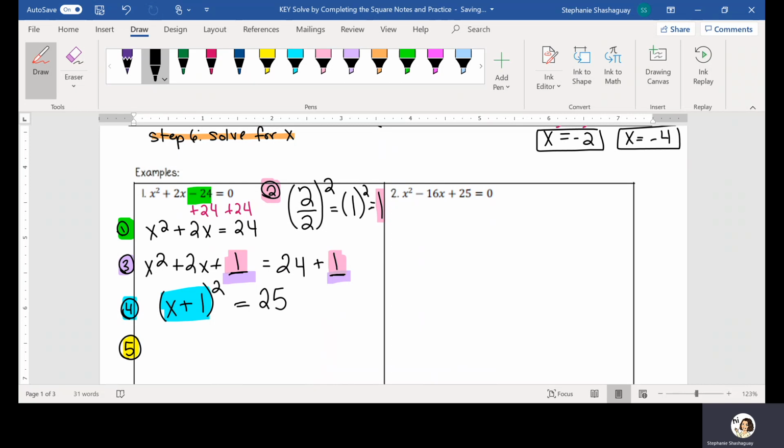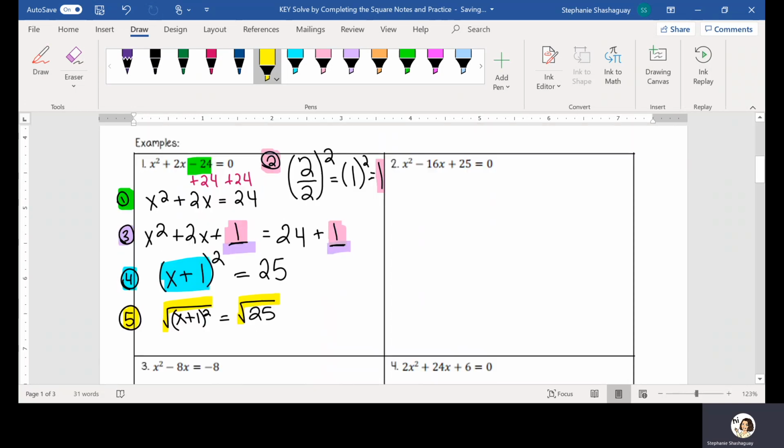So I'm going to take the square root of x plus 1 squared, and that's going to equal the square root of 25. Now my 6th step, well, not quite yet. So now I'm going to have x plus 1 is equal to plus or minus 5.